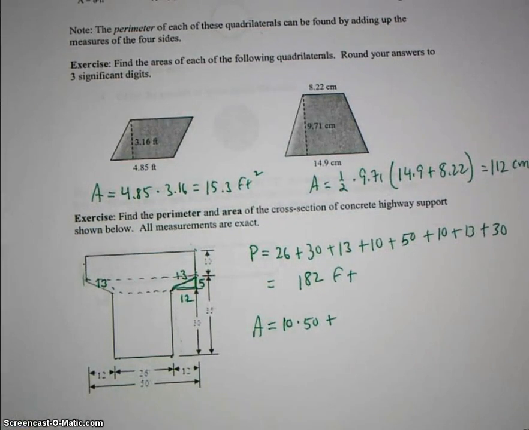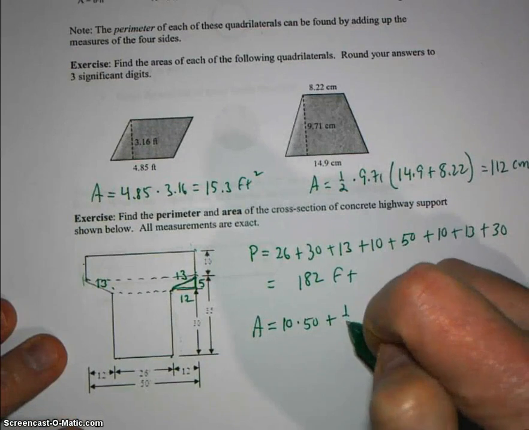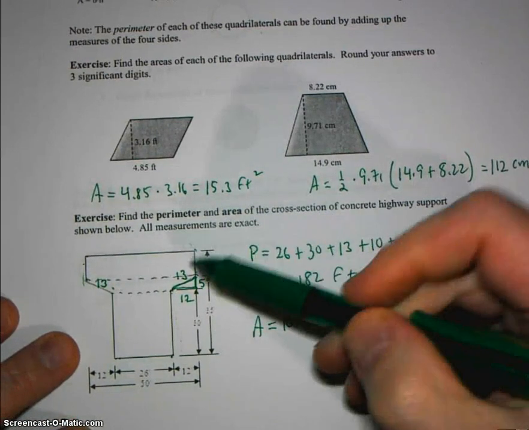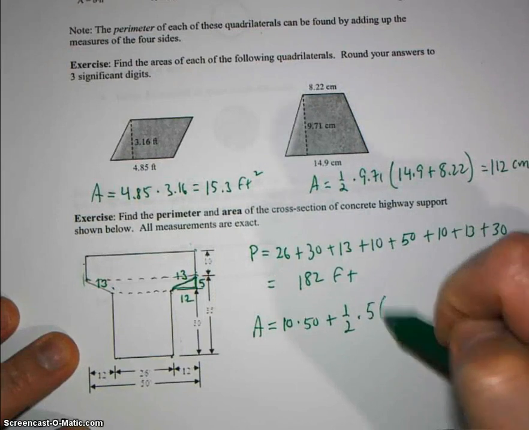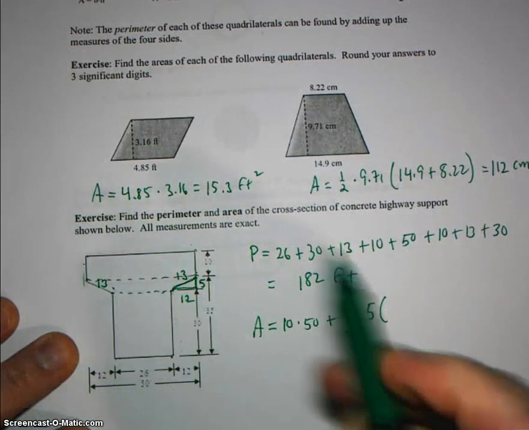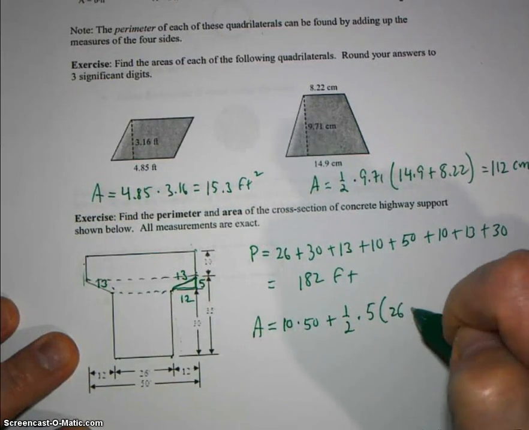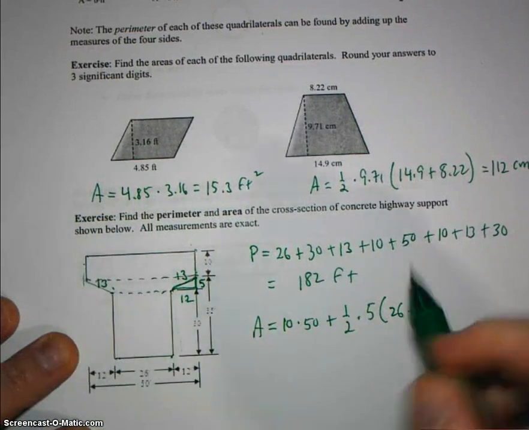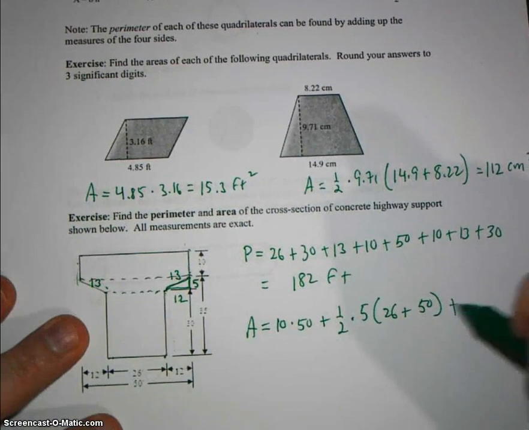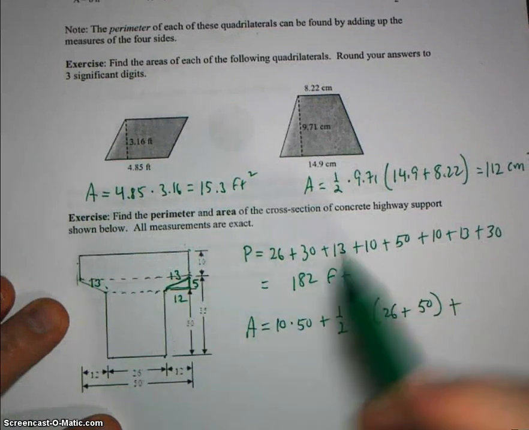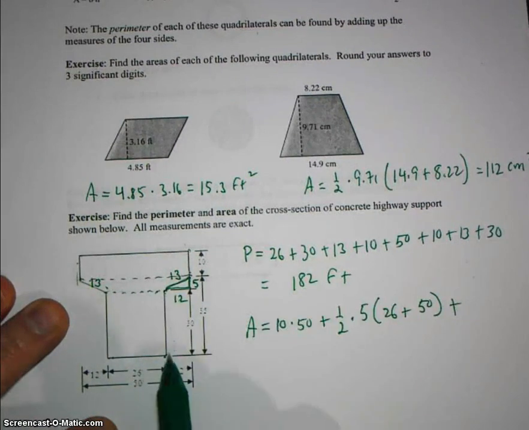plus, now the trapezoid is 1/2 times the height. The height would be this distance, which is 5, times base 1 is 26 plus base 2 is 50. And then finally this rectangle down at the bottom, that one's 26 by 30.